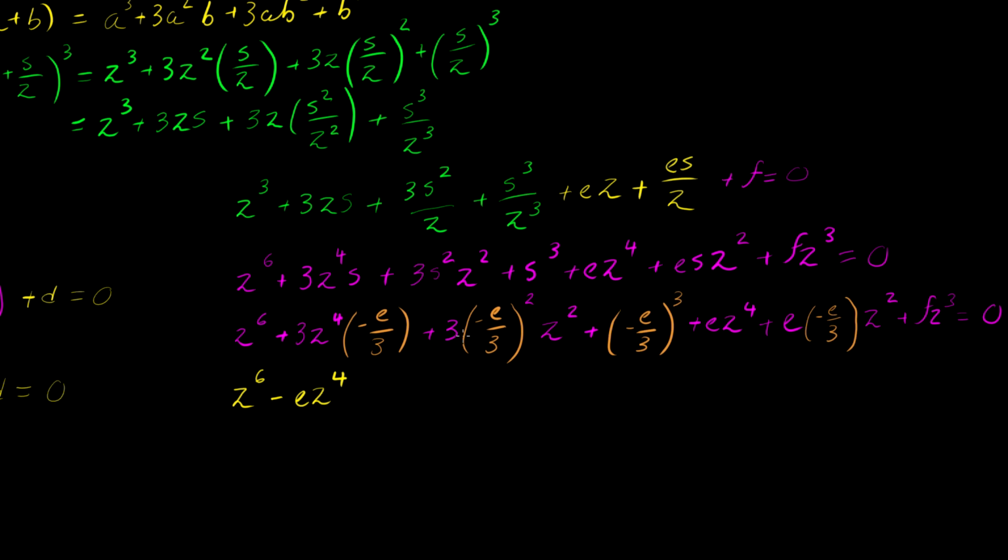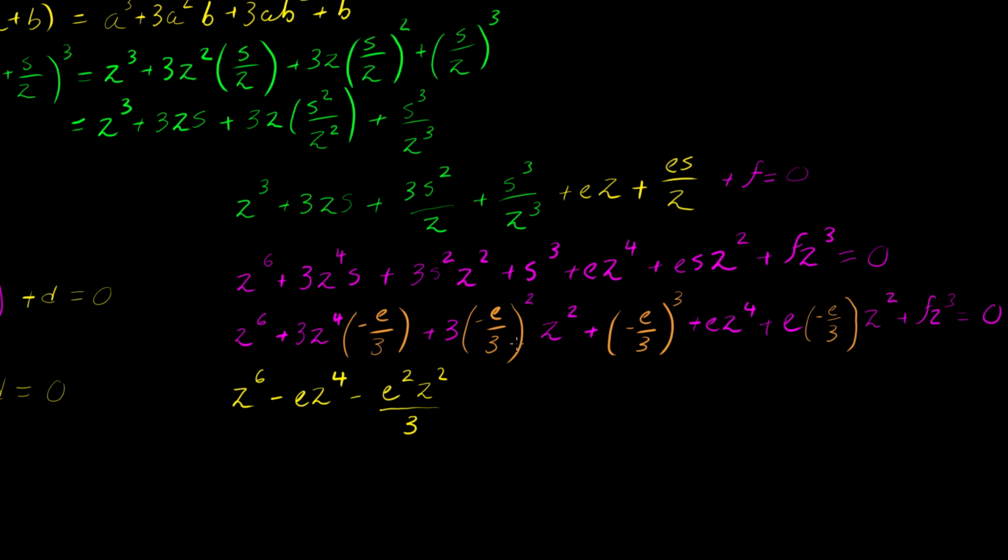And here, if we multiply out this negative e over 3 squared, the 3's will cancel, and we're just going to be left with e squared over 3 z squared.